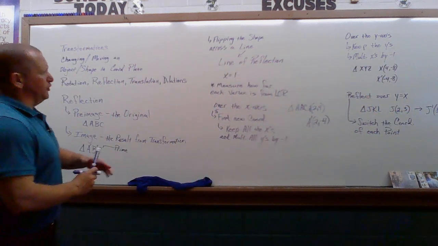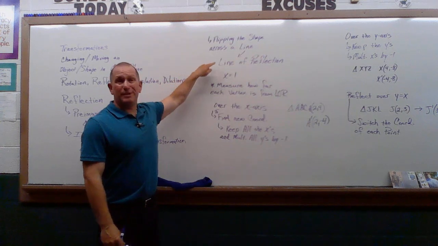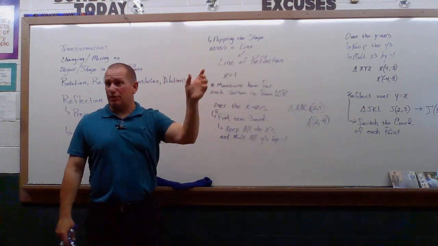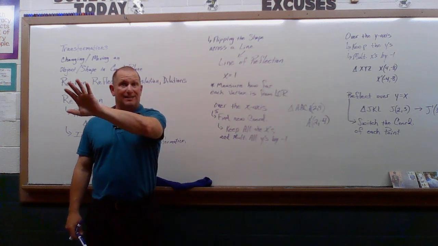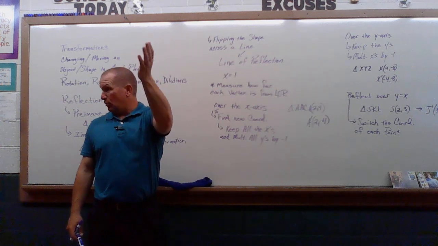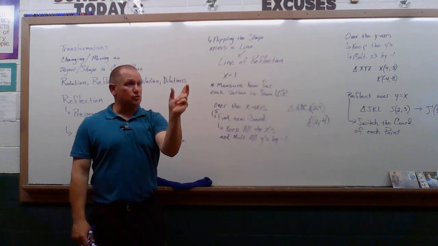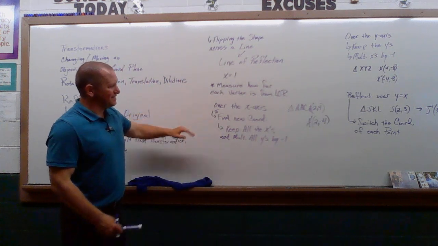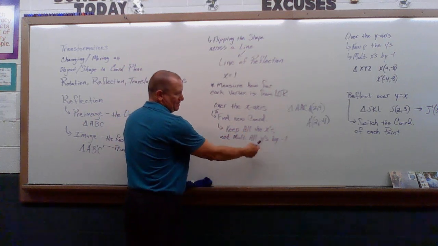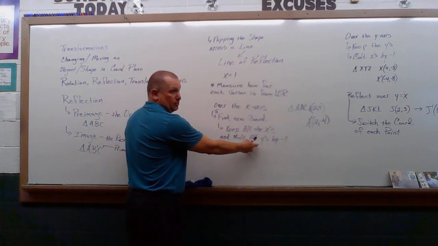Okay? So the first one, if they give me an actual line, I need to see where each point is from that line, and I flip it over that line, either up or down, or left and right, and then each one's the same distance away. If I do it over the x-axis, I keep all my x's, I multiply the y's by -1.